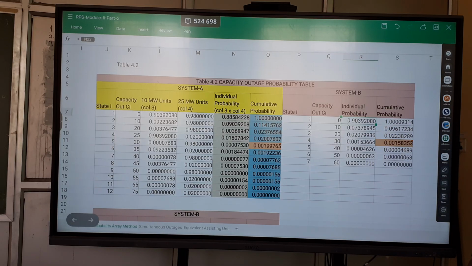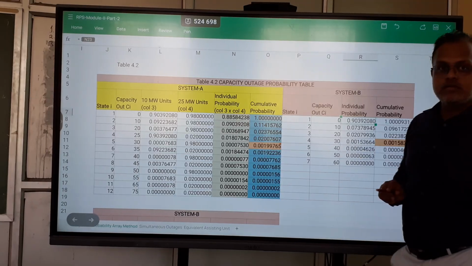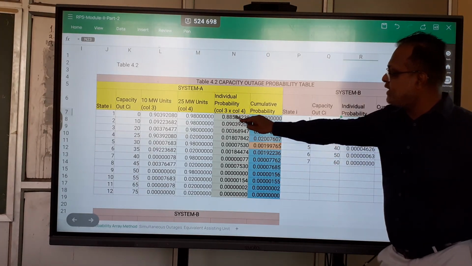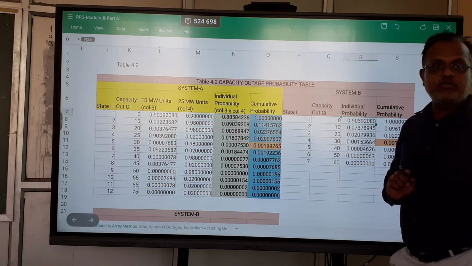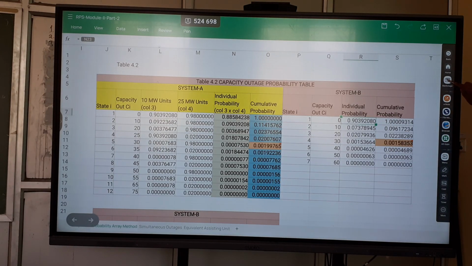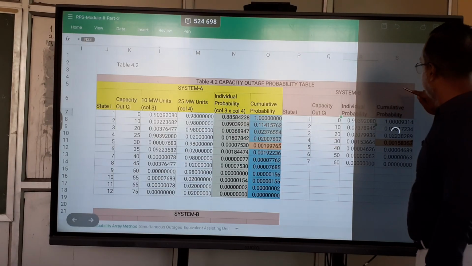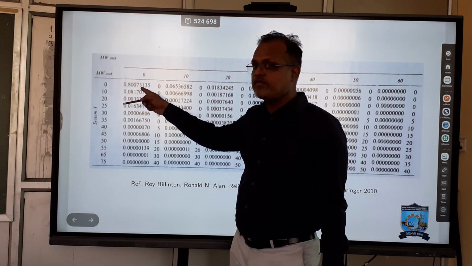0.90392080. Okay, now multiply these two, this one and this one. Multiply 0.88584238 and 0.90392080. It gives 0.800731.